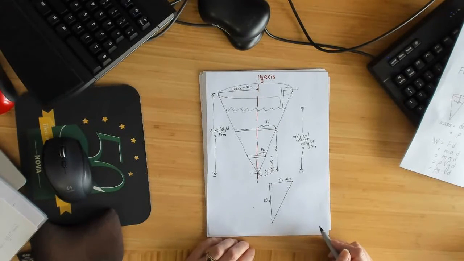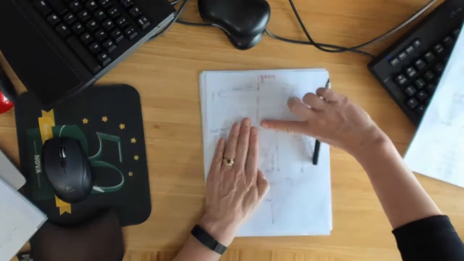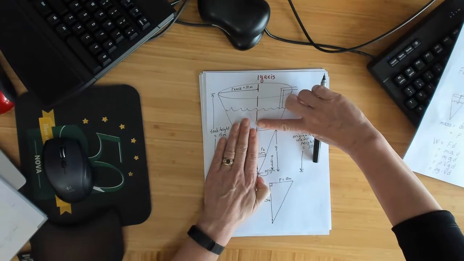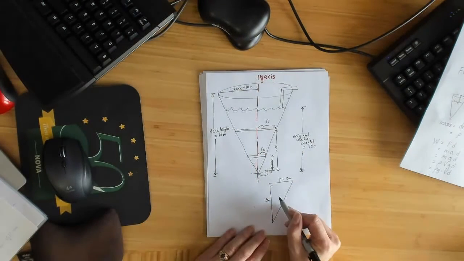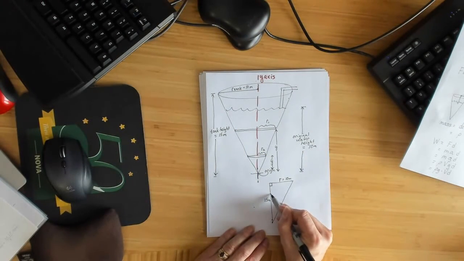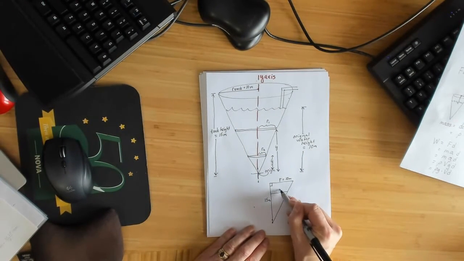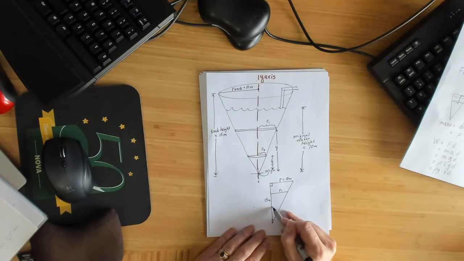Once I have that, can you see the other right triangles formed by the other two water layers? There's the right triangle for R1, and here's a smaller right triangle for R2. Let me put these on the triangle so you can see them. So here I have R1, and down lower somewhere I have R2.